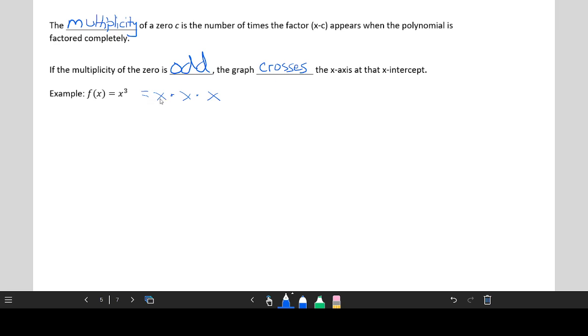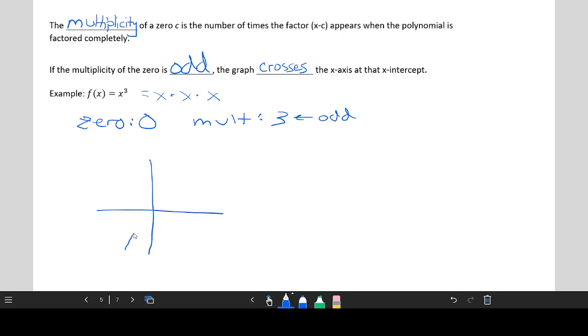And it's because we have this factor which shows up 3 times. So the 0 is 0, and its multiplicity is 3, which is odd. And we know that this graph looks something like this, and it crosses the x-axis at that x-intercept.